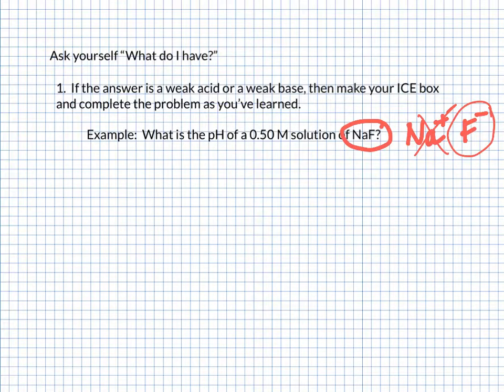If I have a weak base, I make an icebox. So I take my F minus and add it to water, giving HF and OH minus. Initial: 0.5, we don't care about the water, 0, 0.